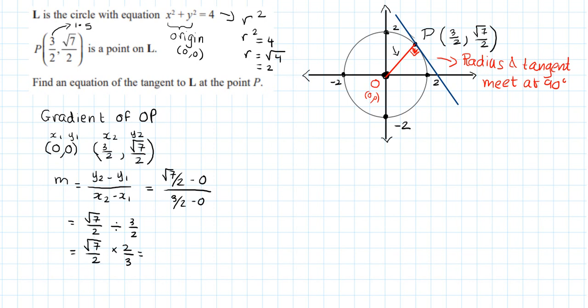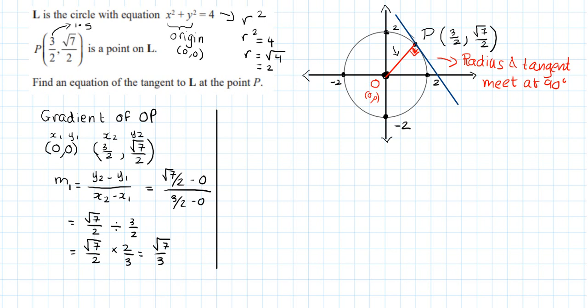So my gradient is root 7 over 3. I'm going to call this M1. I'm going to have to split my page into several parts. Hopefully I can get it done on this page, because on the next page I've got another question.